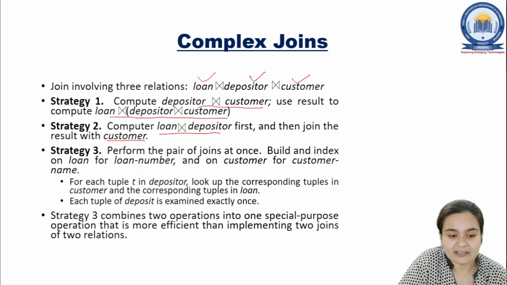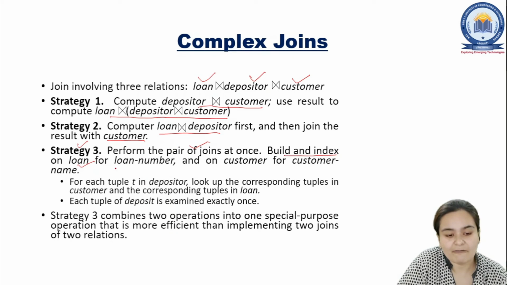The third strategy that we can perform is to do the pair of joins at once and build an index on loan for loan number and on customer for customer name. We can build an index on certain values from the relation.